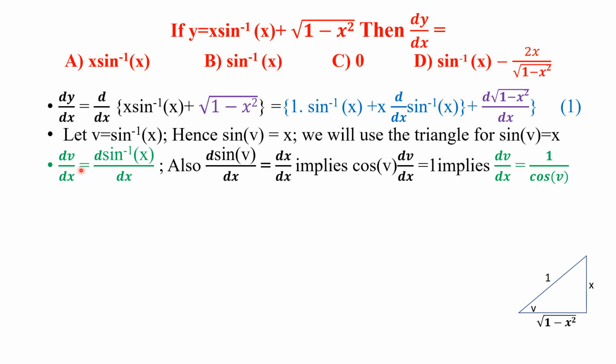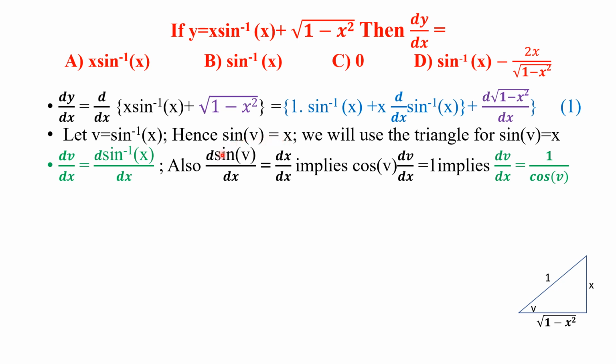Now, since we put v equal to sine inverse of x, let's take the derivative of both sides. So the derivative of v is dv by dx. The derivative of sine inverse of x is d by dx of sine inverse of x. Also, we have sine of v equals x. Let's get the derivative of sine of v.